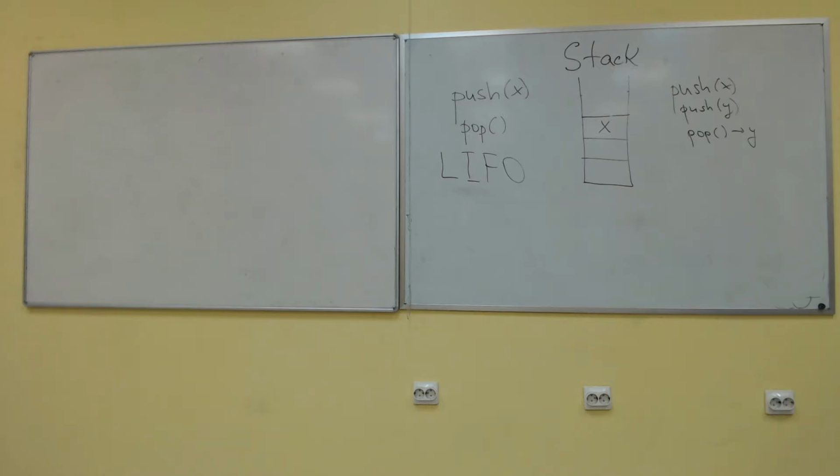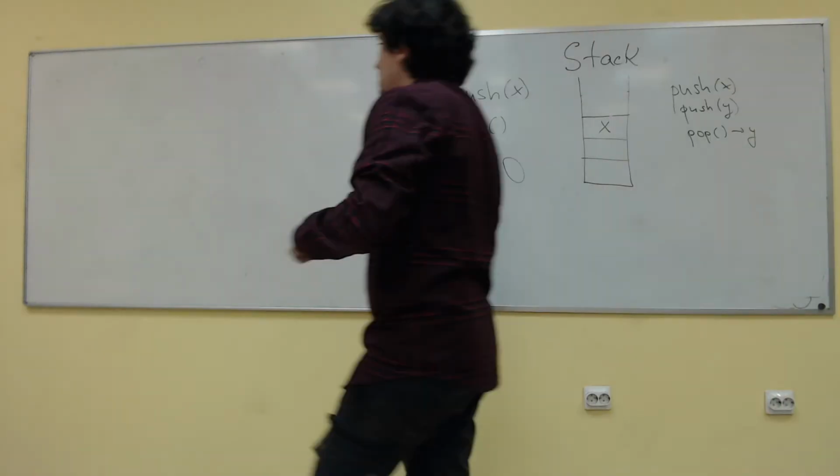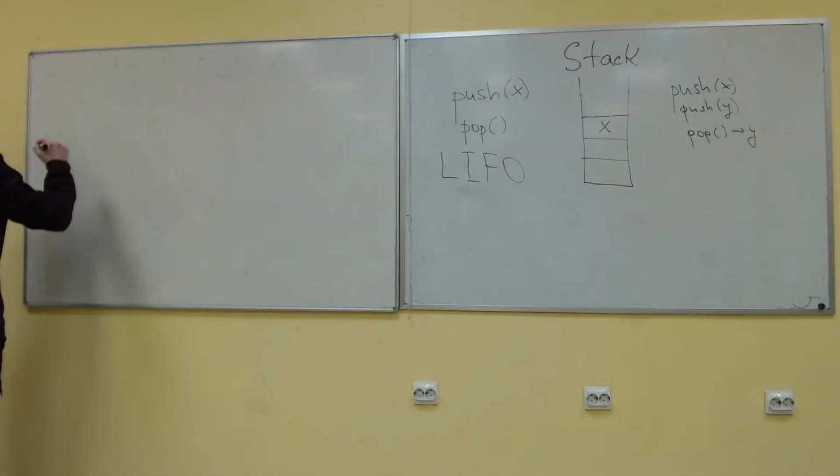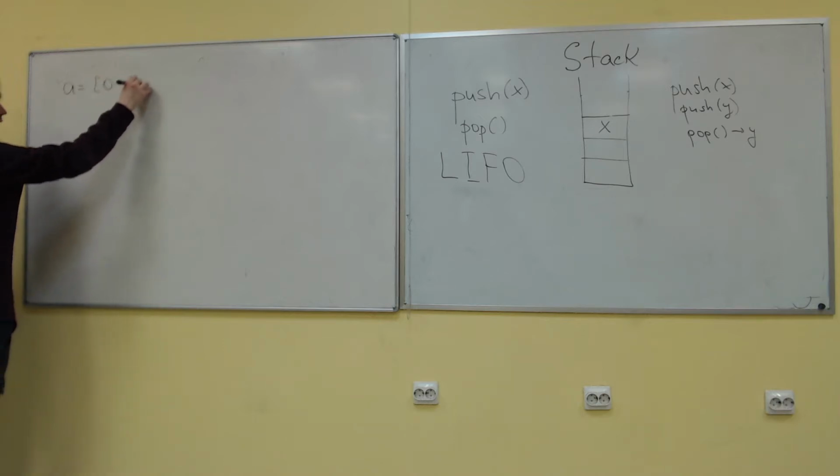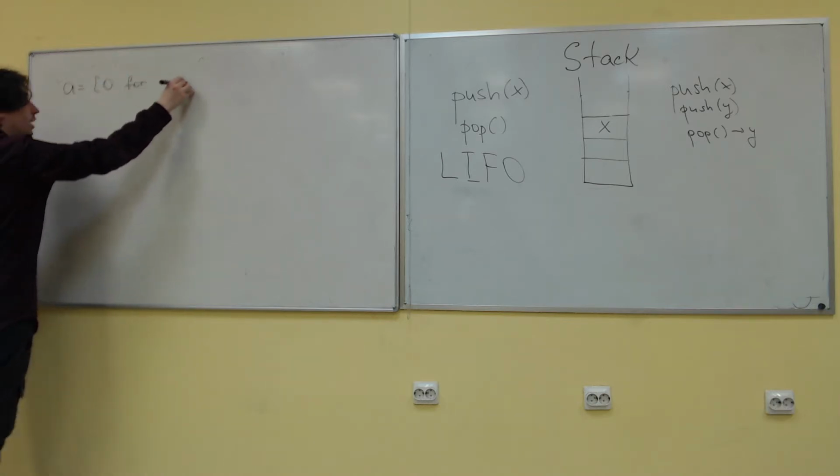Okay, so the question is how to implement it on an array. Array is typically, like in Python, there are lists. So in Python you just create something like 0 for x in range.